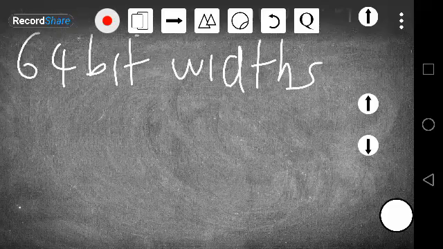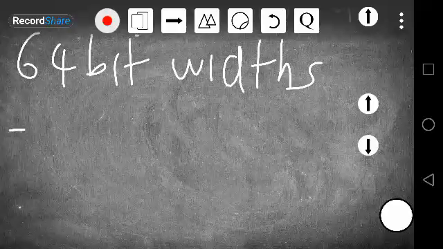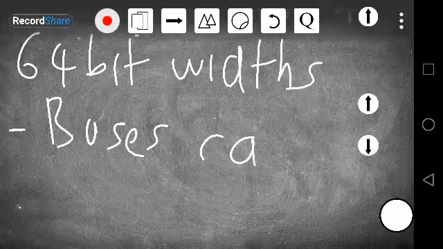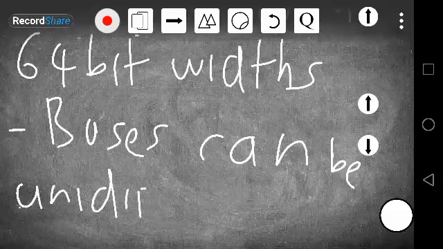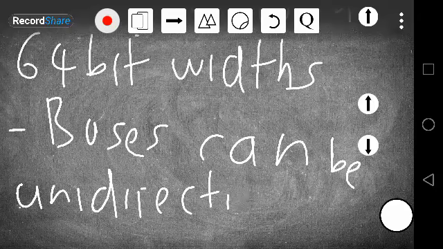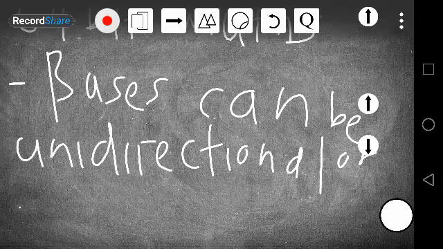Then the other thing about buses is buses can be unidirectional or bidirectional.